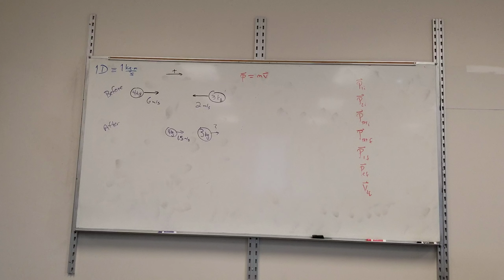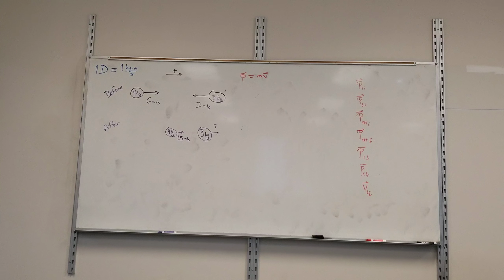And then the velocity of this is whatever it needs to be so that that's the total. But it's zero, right? You have these two. Oh, sorry, afterwards. Okay, right.